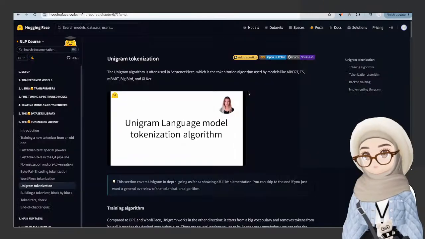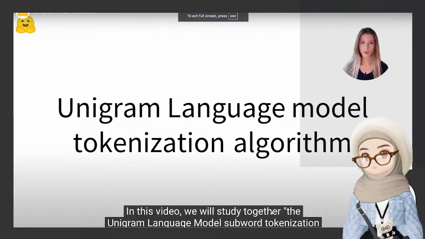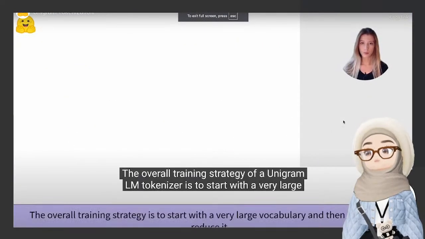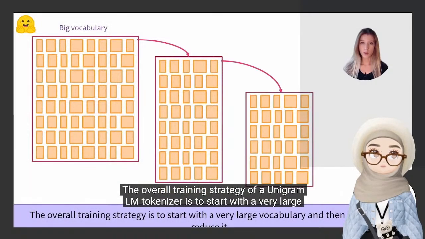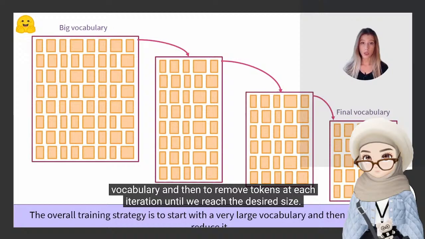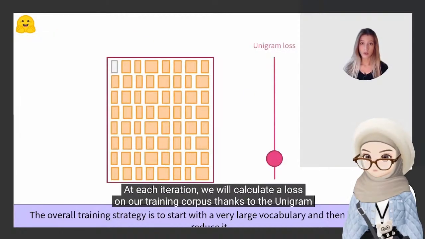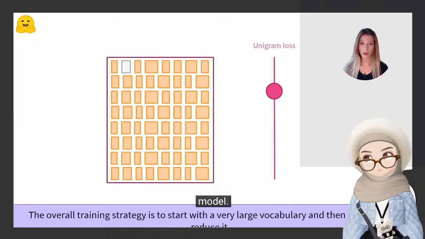In this video, we will study together the Unigram language model subword tokenization algorithm. The overall training strategy of a Unigram language model tokenizer is to start with a very large vocabulary and then to remove tokens at each iteration until we reach the desired size. At each iteration, we will calculate a loss on our training corpus thanks to the Unigram model.